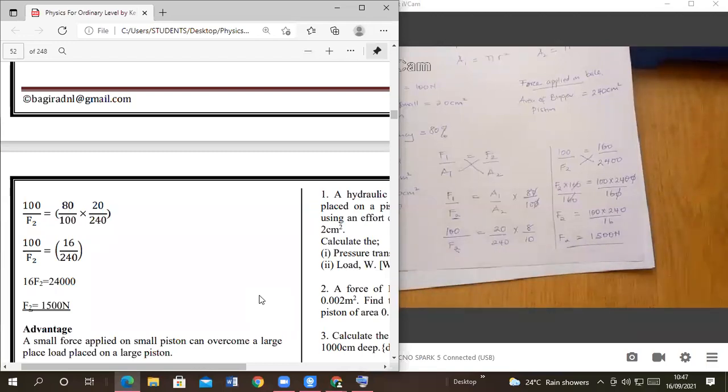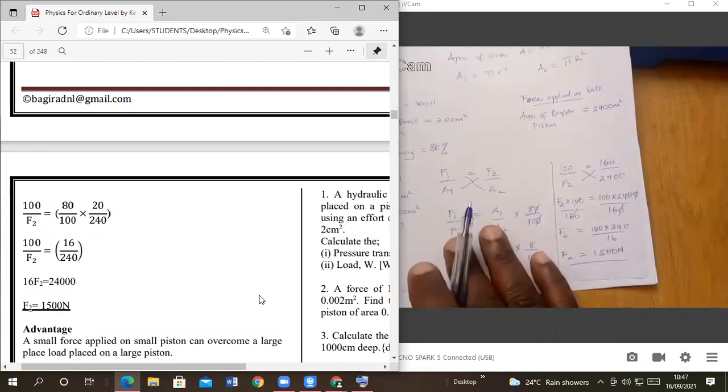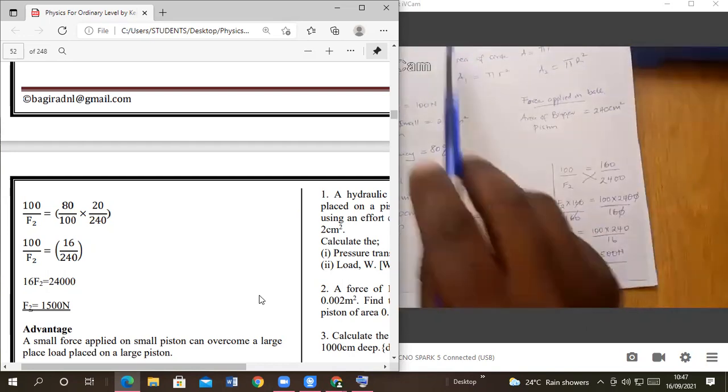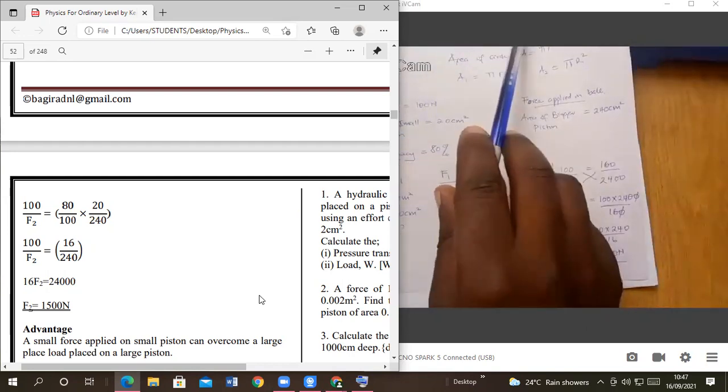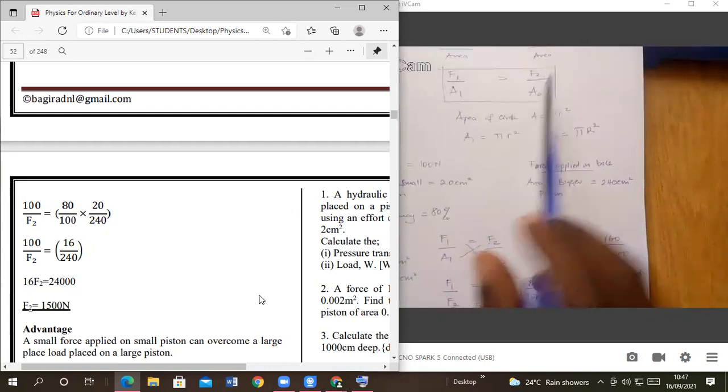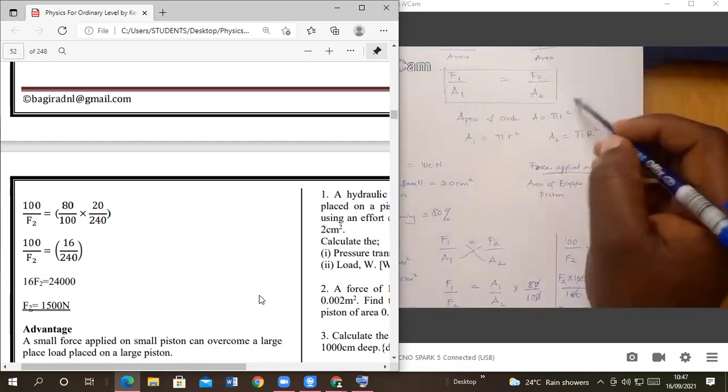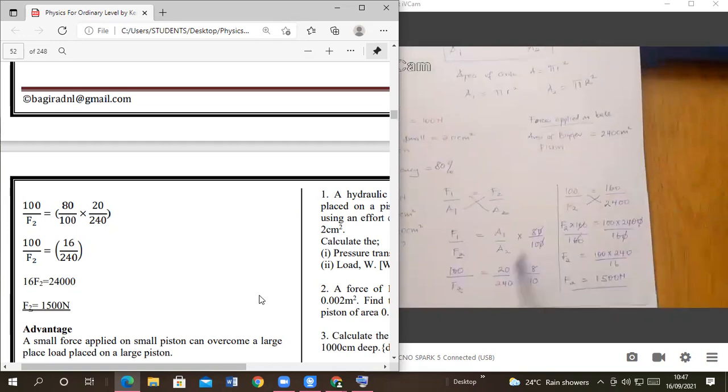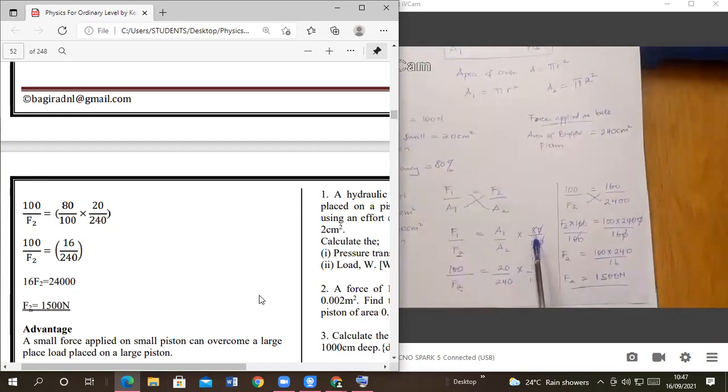What you should know is that if the hydraulic press is working at 100%, then we shall have this formula: F1 over A1 is equal to F2 over A2. And this time we shall have 100 over 100, which is 1. But since here it is working at 80%, we shall have F1 over F2 is equal to A1 over A2 times 80 over 100. Why? Because it is working at 80%.